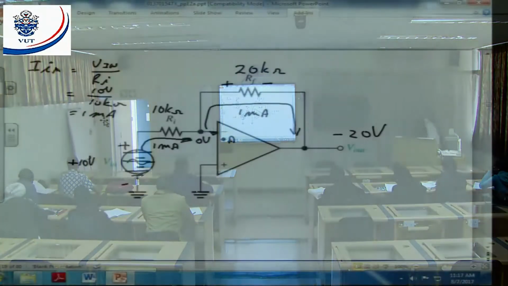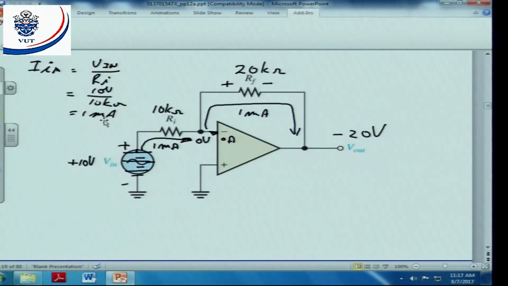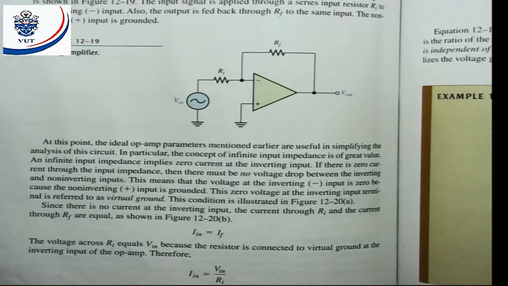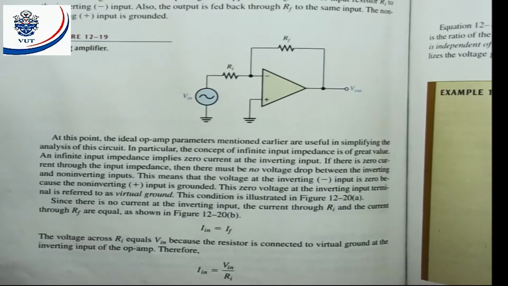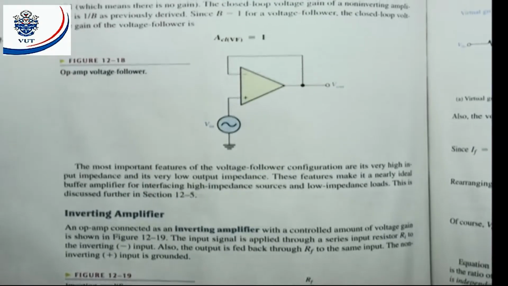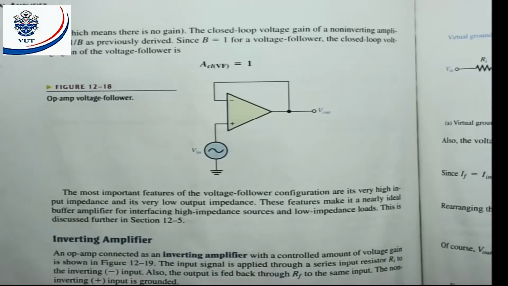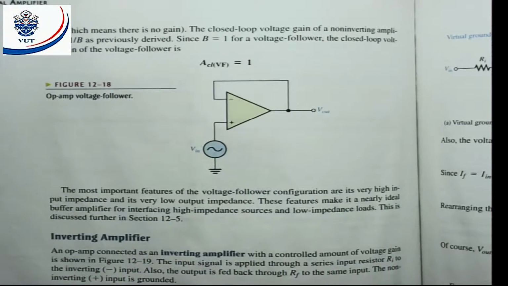Let's quickly have a look at the proof. We actually basically did the proof already. If you look at the case of the voltage follower, they say the closed loop gain of a voltage follower is equal to 1.